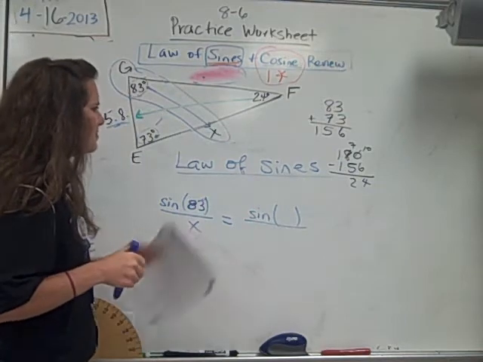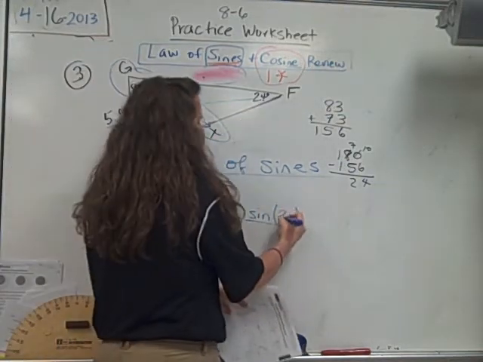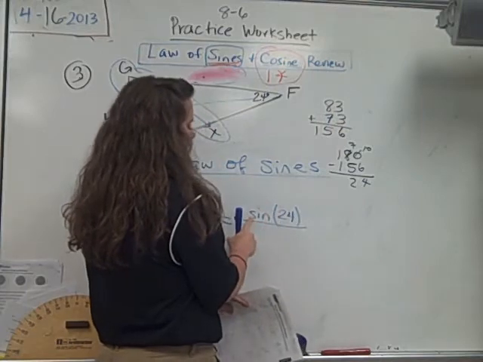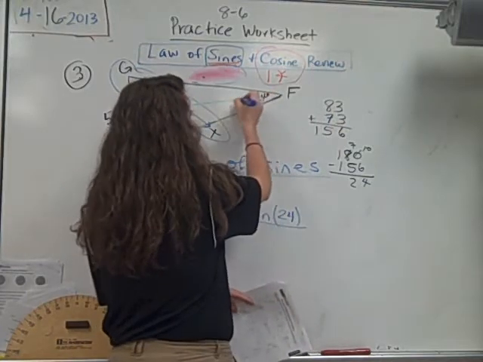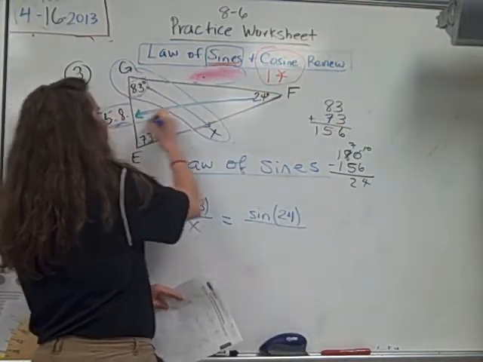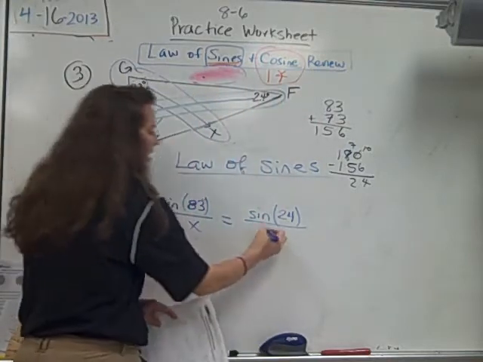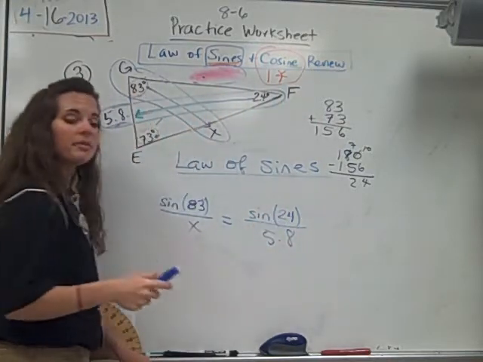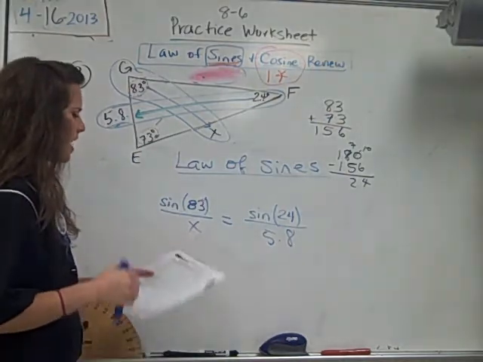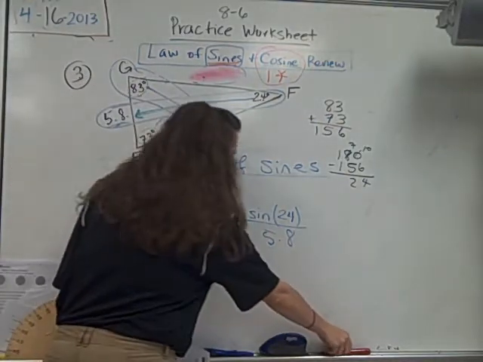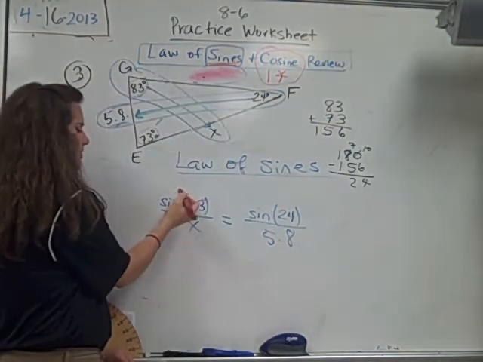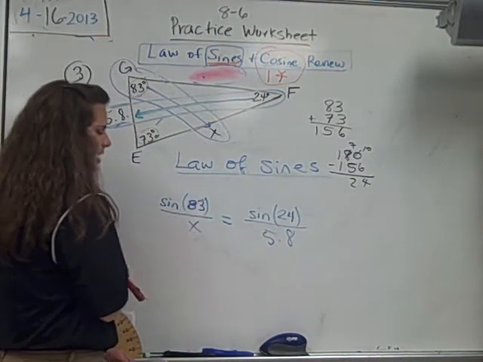So let's set this up. 24 is what I found for that angle. It's going to go right beside your trig sine, and then what is the side that's opposite that? That's your 5.8, and that's always going to go on the bottom of your ratio. Okay, now take a look at this setup. You have a cross product here.